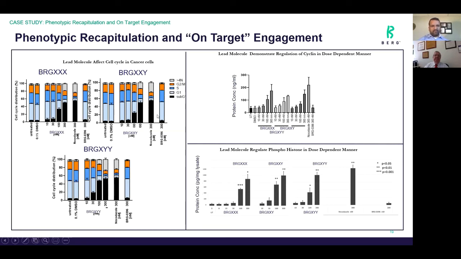In fact, we see some aneuploidy, 4N, at about 72 hours of treatment, which goes to show the cell cycle effects that the molecule has. We see regulation of cyclin B1, which is a key protein in the G2 to M phase, as well as phosphohistone, which is another important function of the target that I had explained early on. So basically, anything that the platform brought us to and predicted in terms of phenotypic outcome of the target, we were able to reconfirm using the small molecule lead or candidate.